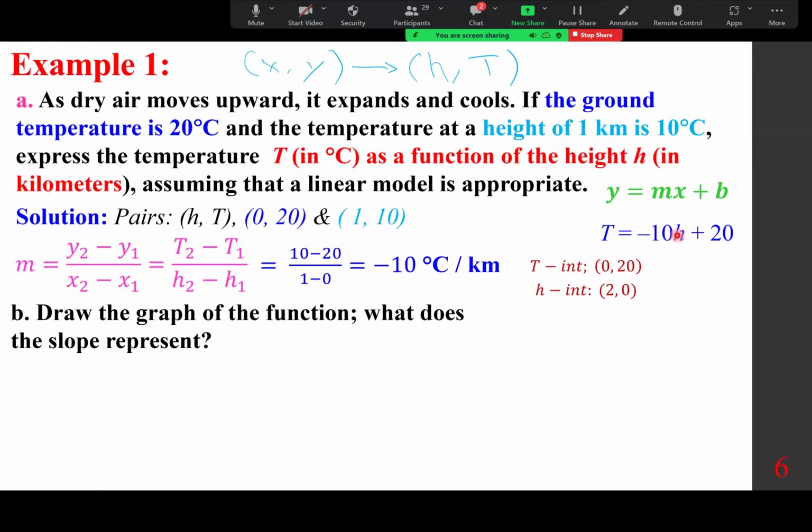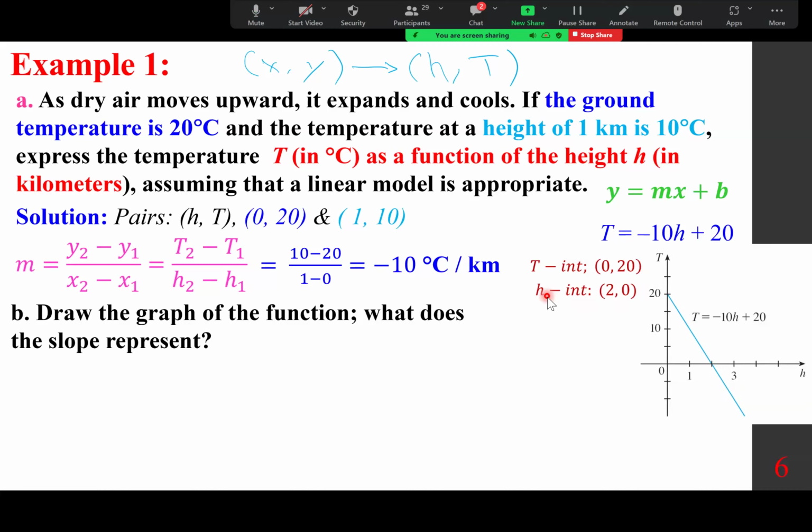And you can graph the 2 points. So you have a rectangular coordinate system, (0, 20) along the y-axis. In this case, we're going to say along the t-axis. (2, 0) along the x-axis. We're going to say the h-axis.